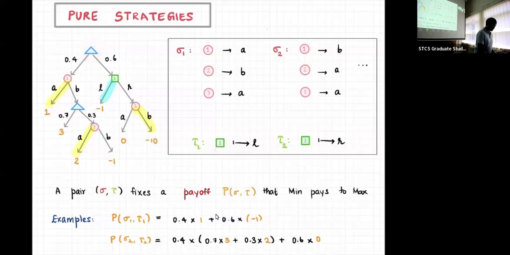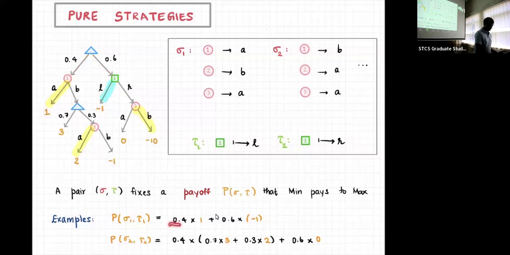When the game starts here, with 0.4 probability you go here, and then the maximizer simply plays this. This is one outcome. With 0.6, you go here, and the minimizer plays this. This is the second play. These are the only two possible plays once you fix the strategies to be sigma 1 and tau 1.